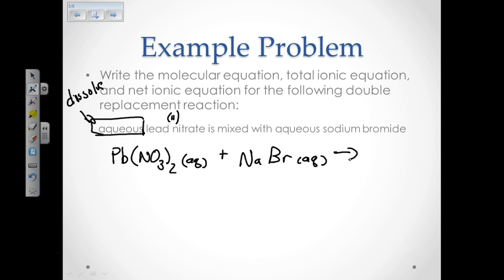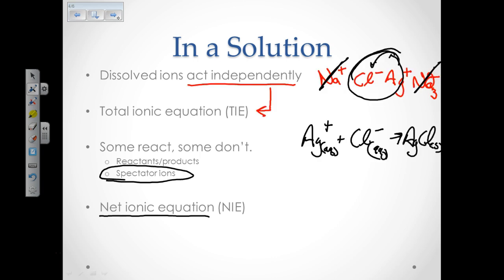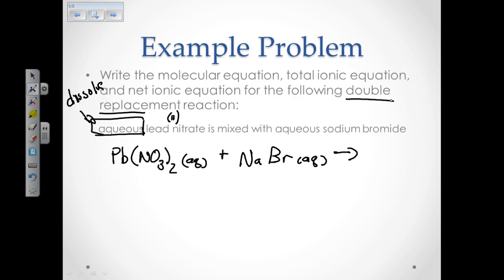This is a double replacement reaction, so I would call it a wife swap. We form sodium nitrate, because sodium goes with nitrate, plus PbBr2.